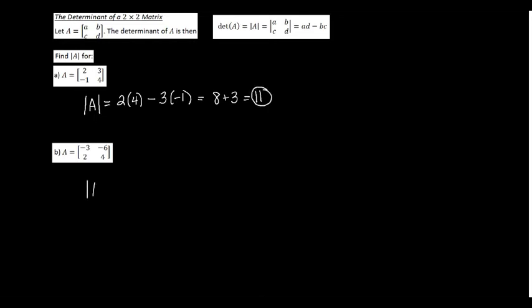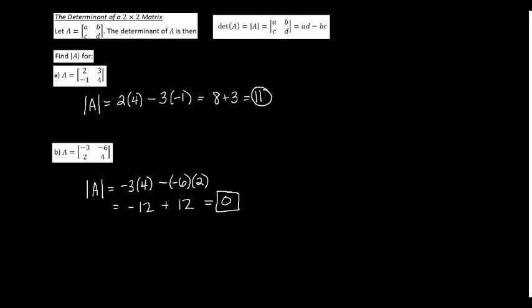Here we'll take the determinant of A, which is equal to the product of the first diagonal minus the product of the second diagonal. We get -12 plus 12, and that equals 0.